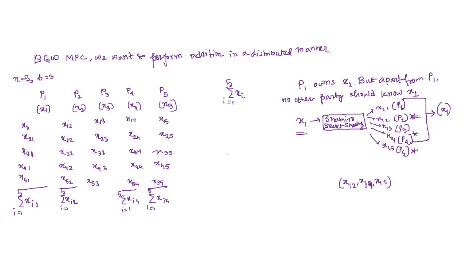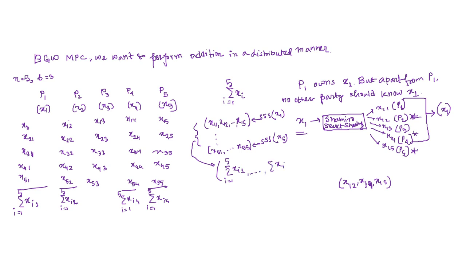So what we expect essentially is that, just the way x11, x12 till x15 are semi-secret shares of x1, we expect that the individual computation results for all parties, the sum of xi5, i equal to 1 to 5, is nothing but a semi-secret share of the value x1 plus x2 plus x3 plus x4 plus x5.